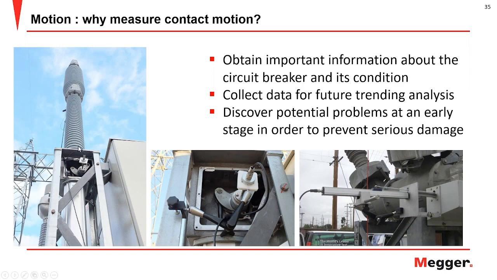So you can see in this image the detail. The closer you get to the main contact, the more accurate the measurement, and the less vibrations, which shouldn't be recorded, you will have. So these are examples of rotary transducers and a linear transducer.